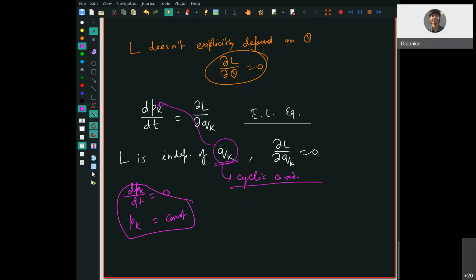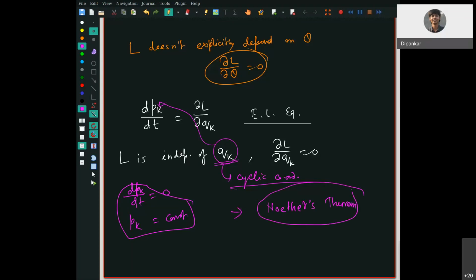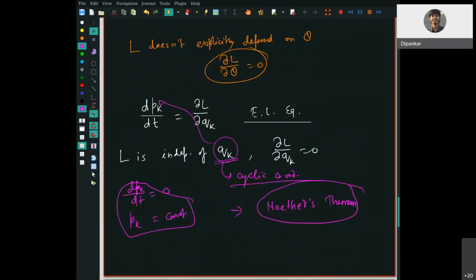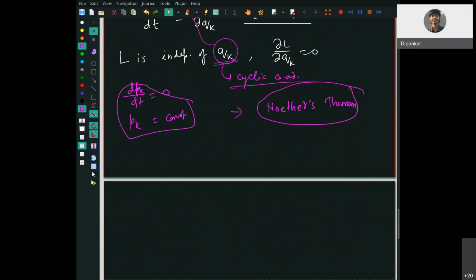Okay, and this is essentially the statement of something called Noether's theorem. Now there are some subtle aspects of this statement. I have not proved it generally. Hopefully, I will do it later. But to give you the essence of what is happening here, notice the one-dimensional case.